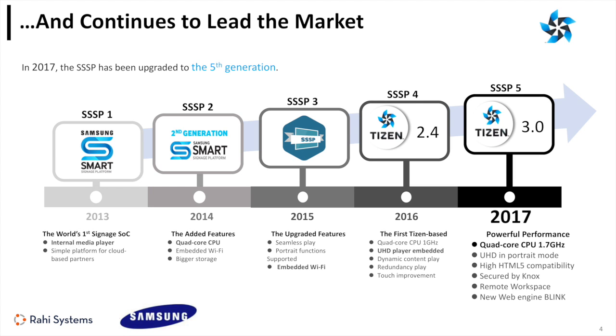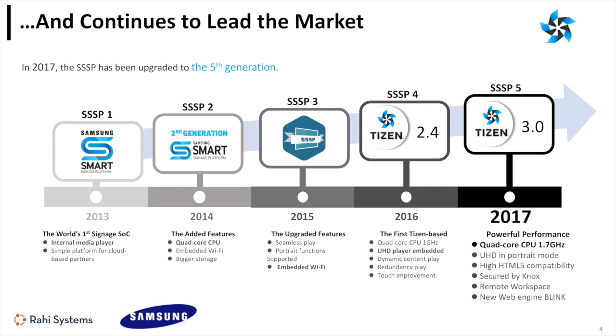In 2017, the Smart Signage Player was upgraded into the 5th generation. Looking over the history of the 5 generations, in 2013, we launched the first ever in the world internal media player that was a simple platform for cloud-based CMS partners. Generation 2 added some features, the quad-core CPU, bigger storage.